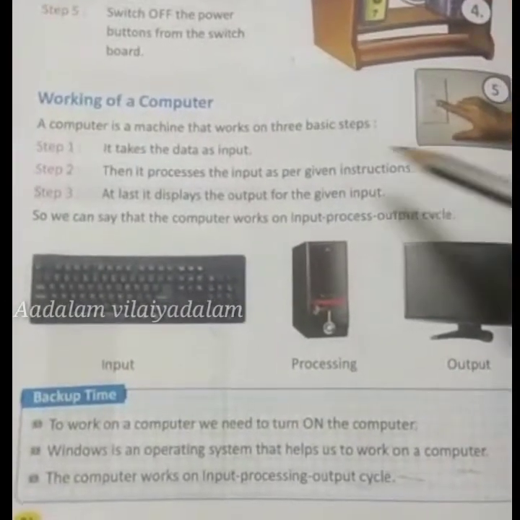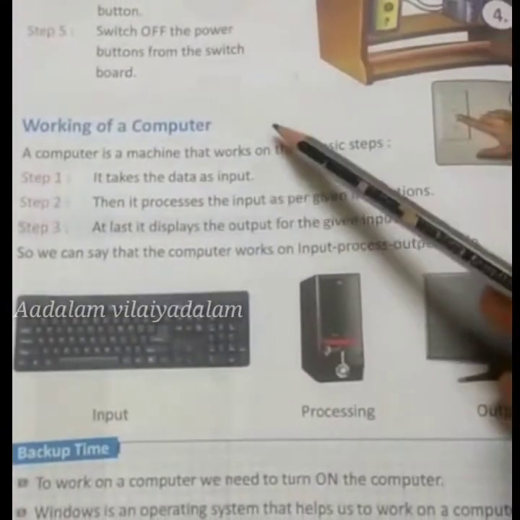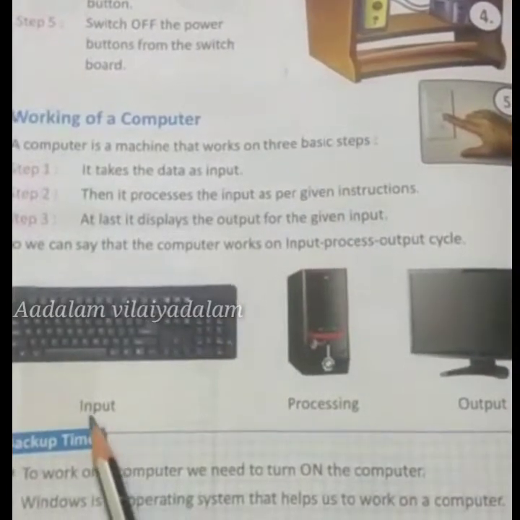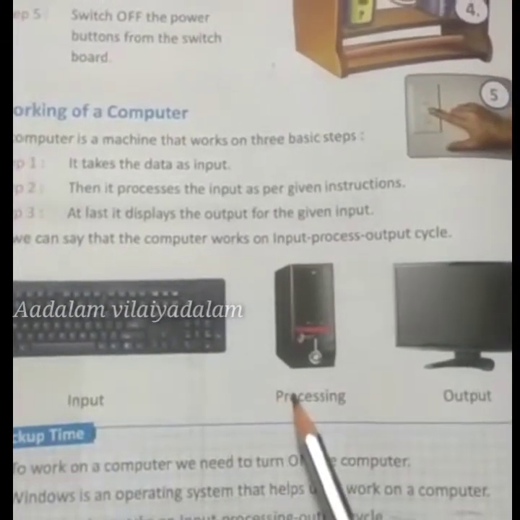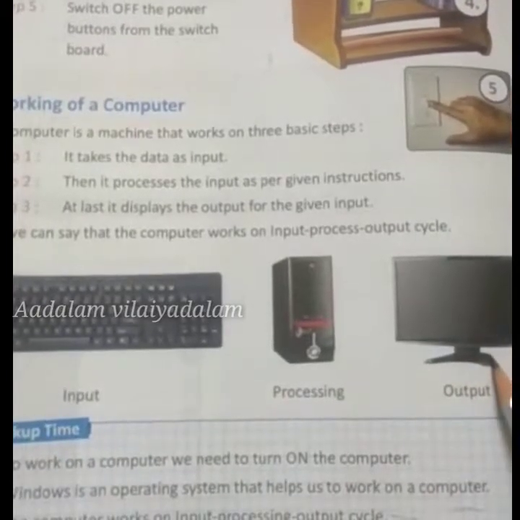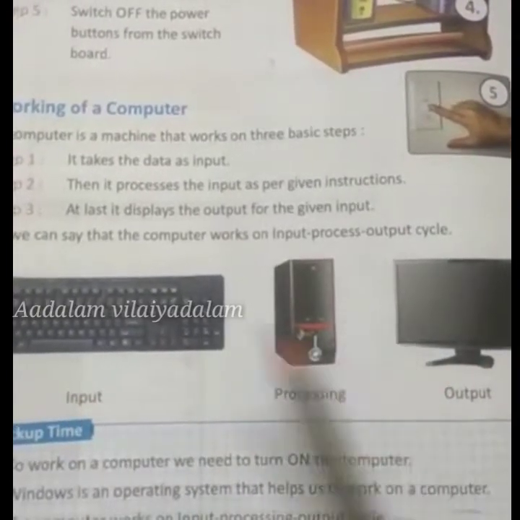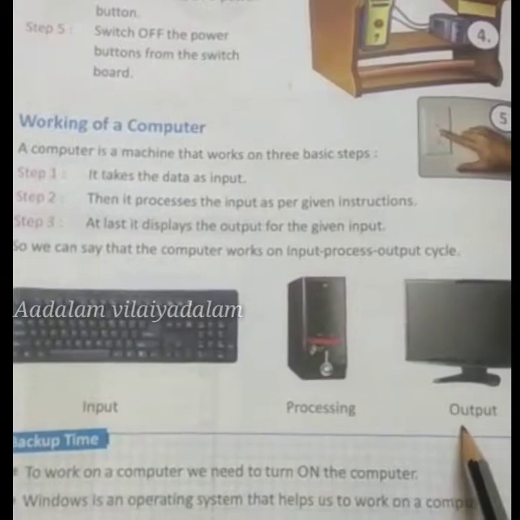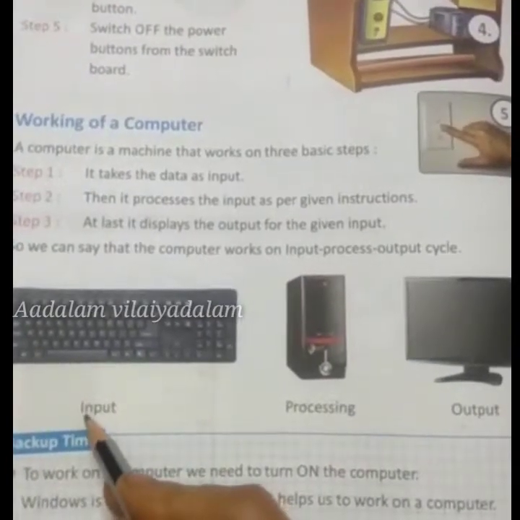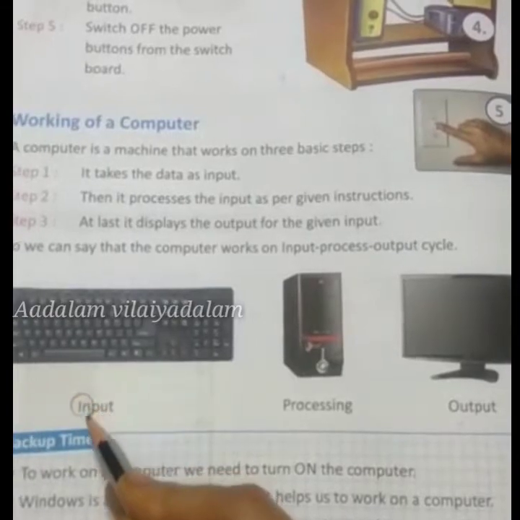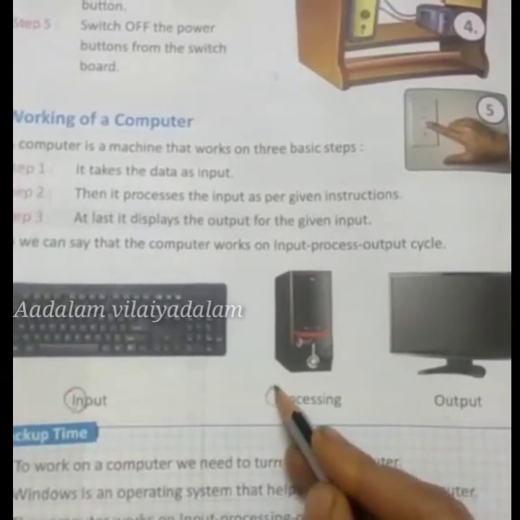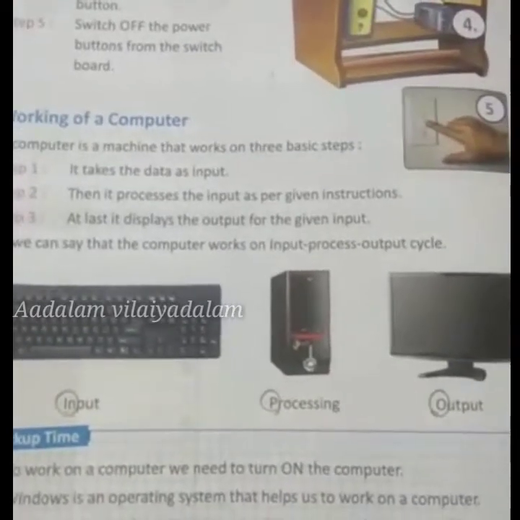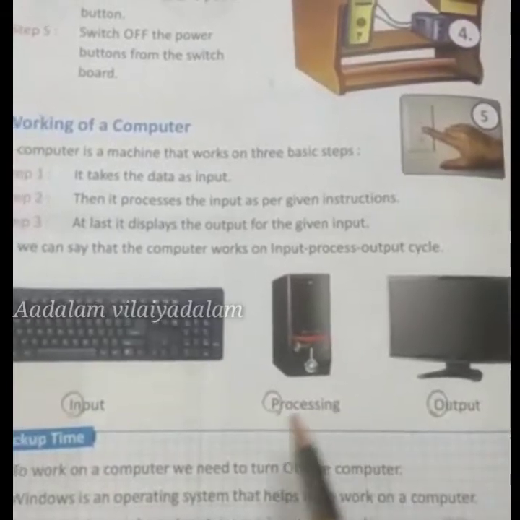Next we are going to see the working of the computer. How does the computer work? It involves three main steps. One is the input, second is the processing, third is the output. This working of a computer is simply represented as the IPO cycle.